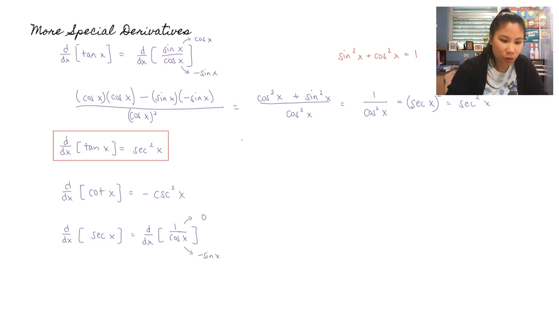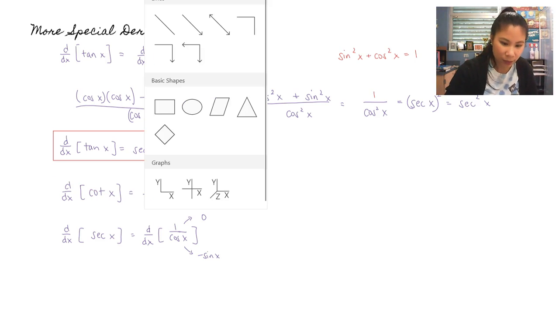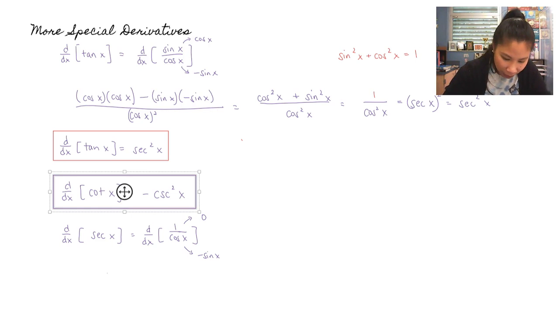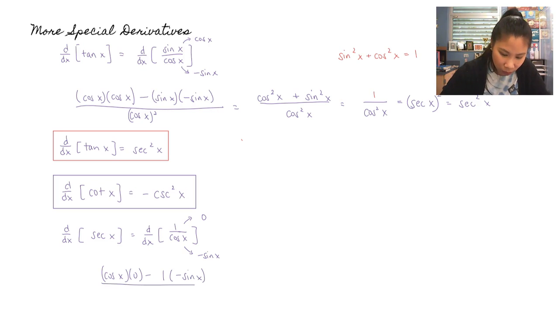So if we were to do the quotient rule with this one, oh my goodness, then low d high minus high d low all over low.